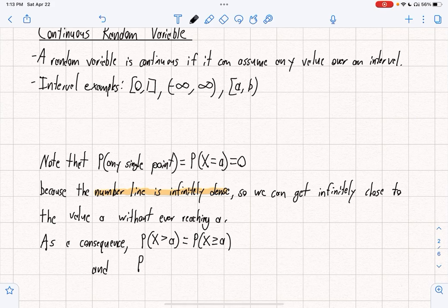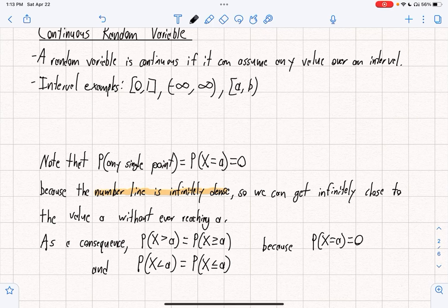The probability that x is less than a would be equal to the probability that x is less than or equal to a. Why? That's just because the probability x is equal to a is equal to 0. So this was not the case in the discrete sense, right? The probability x was, say, less than or equal to 2 was different from x less than 2. But in this case, we're going to say they're the same thing.